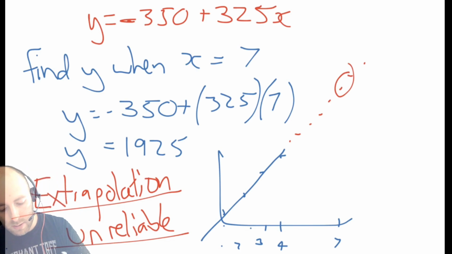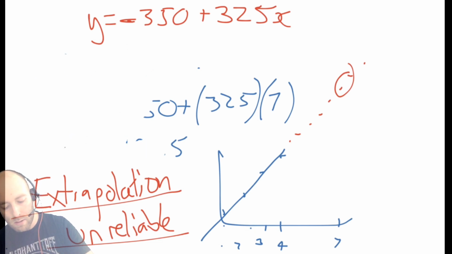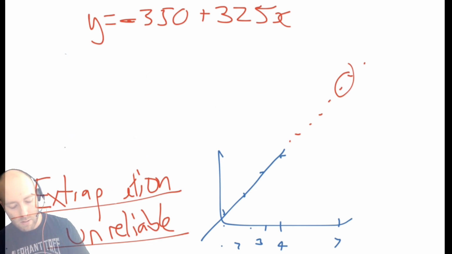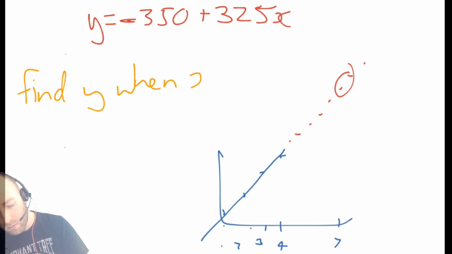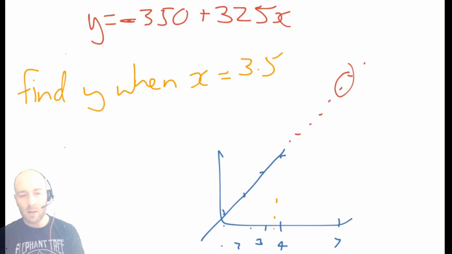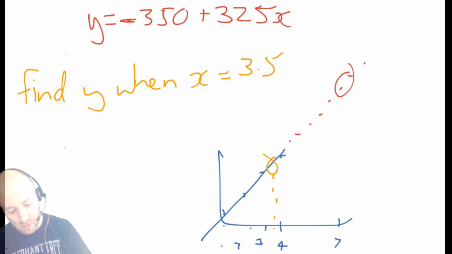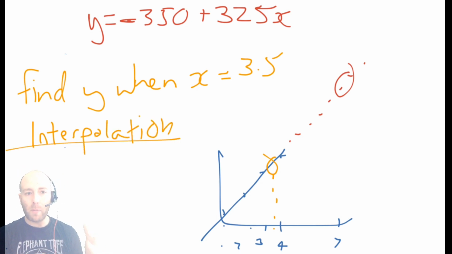If, however, I asked it to find y when x equals 3.5, that's within our data. So that would probably give me a good estimate because we know it's probably going to be on that line still at that point, and we call this interpolation, which you should recognize back from when we're finding the median.